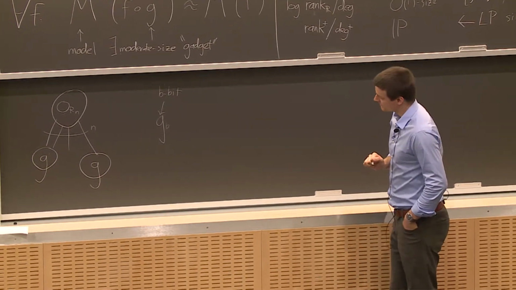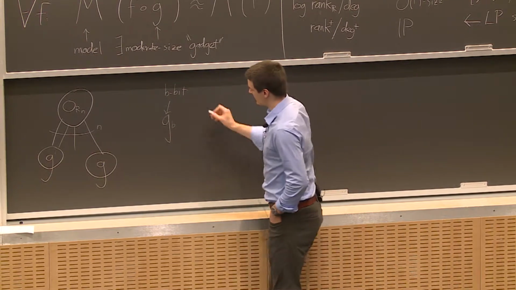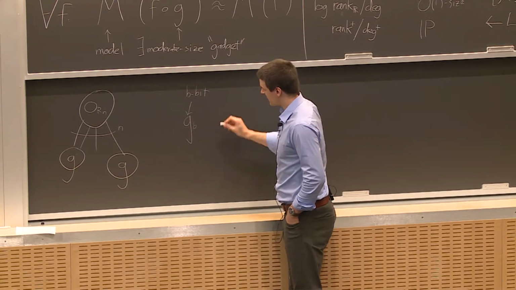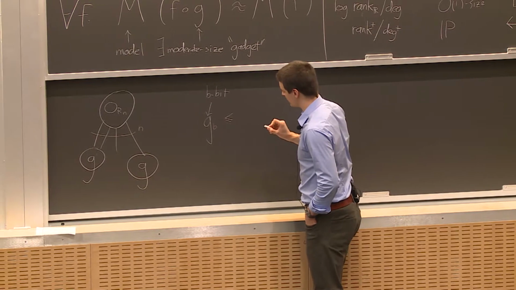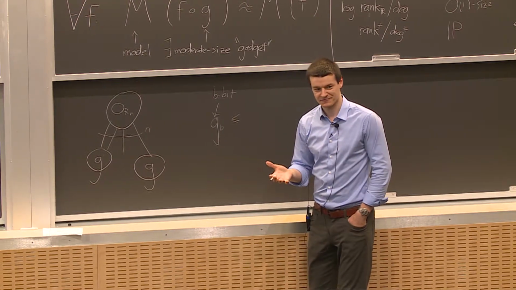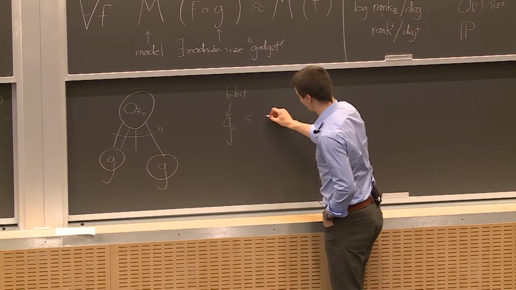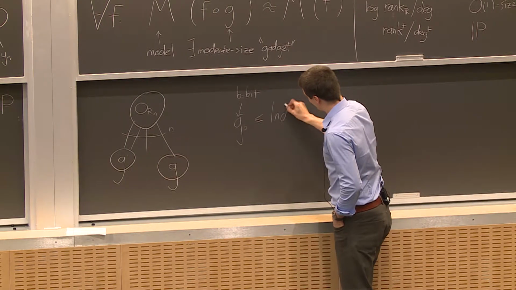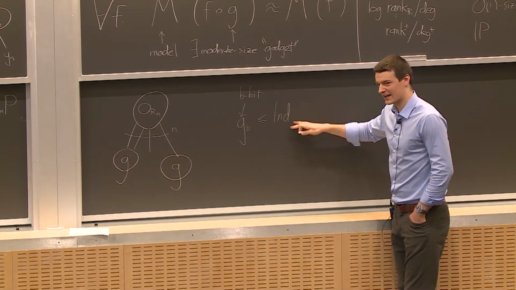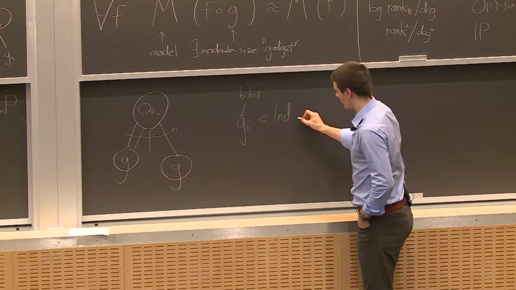B is a constant. Well, I claim that such a function reduces to the index gadget, which is kind of the mother of all gadgets, although on exponentially many more bits.